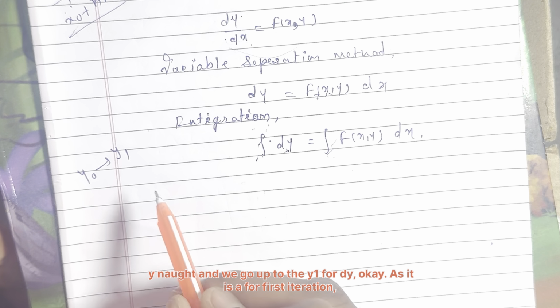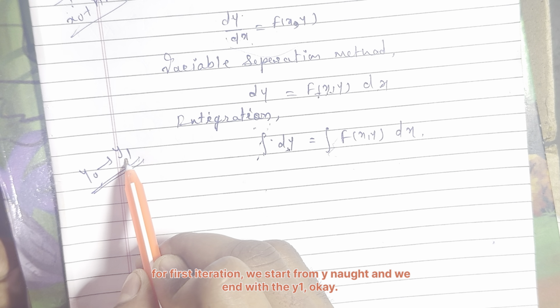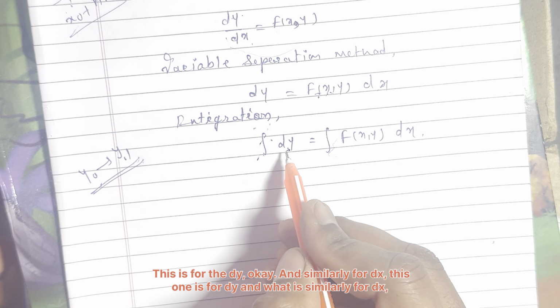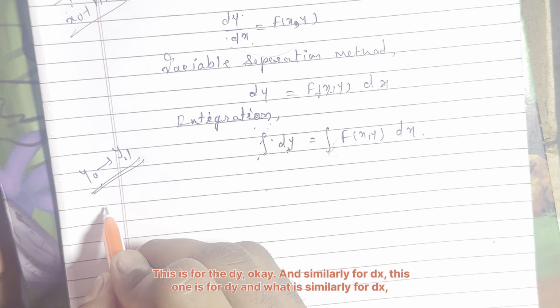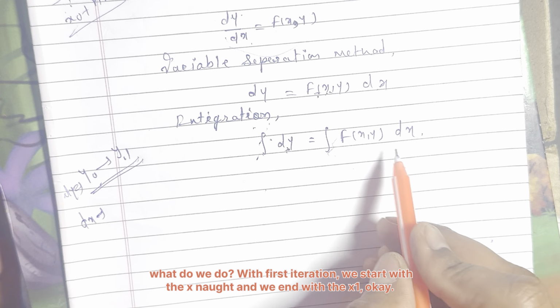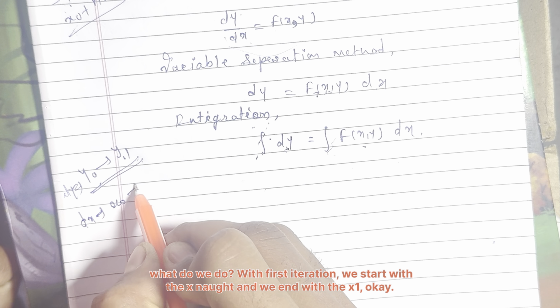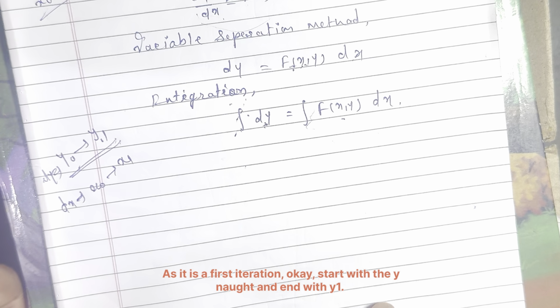For the first iteration we start from y0 and we end with y1. This one is for the dy. And similarly for dx, for the first iteration we start with x0 and we end with x1, as it is our first iteration.